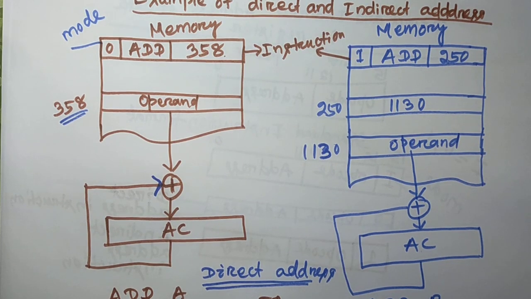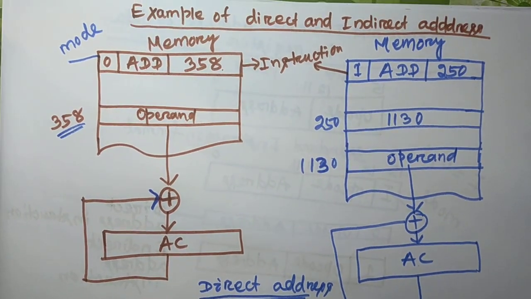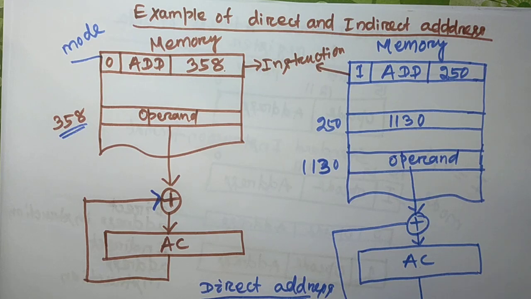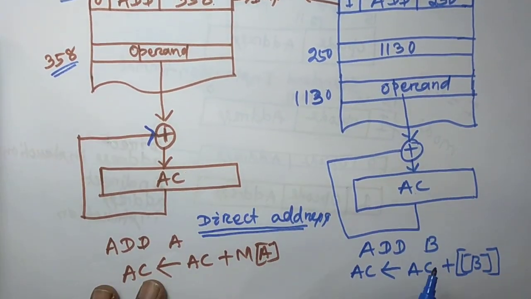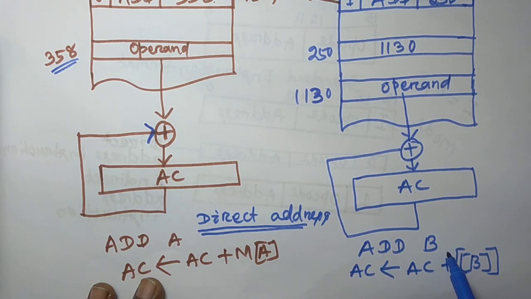Similarly, if we go through indirect address, then what happens? Here, another problem is mentioned: add [[B]], that means the content of B is added with SC and stored in SC.